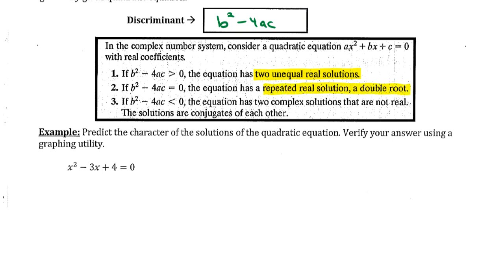So you're going to get real number answers for x, but they're going to be the same. It's like x equals 5 and x equals 5. If the discriminant is negative or less than 0, you're not going to get any real number solutions. Nope. Instead, you're going to get two complex solutions that are not real, or non-real as we'd say. And as an added bonus, they're going to be conjugates of each other.